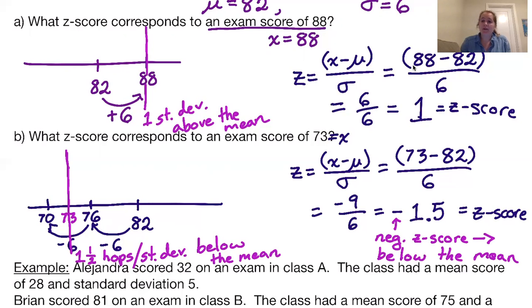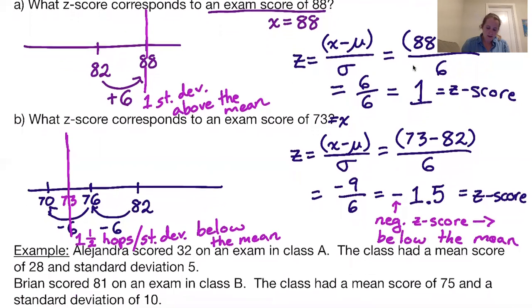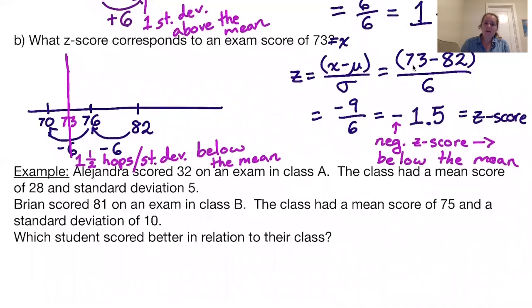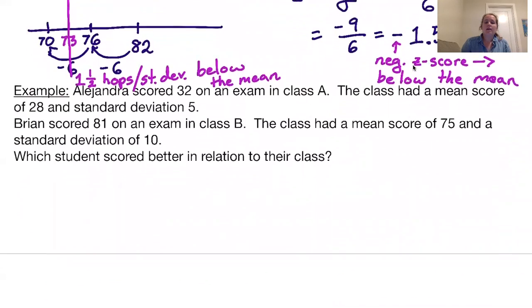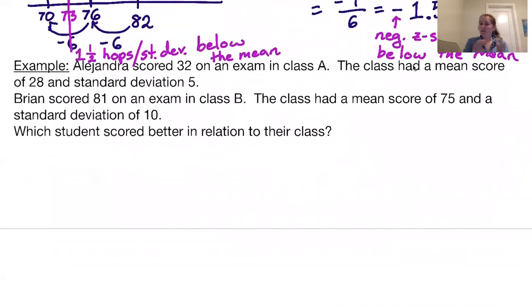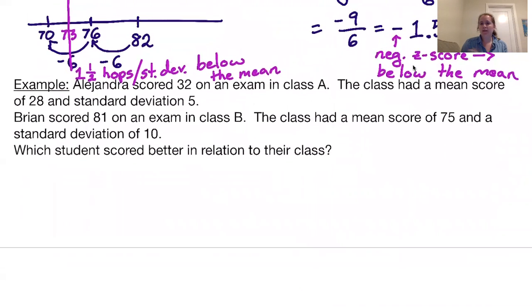So this is the general concept of z-score. The reason why it's great to standardize is some data sets are much more spread out than other data sets. And so if we just go by distance, we lose track of the spread of the data set. Once we do this standardizing, we take into account both the mean and how spread out the data is.